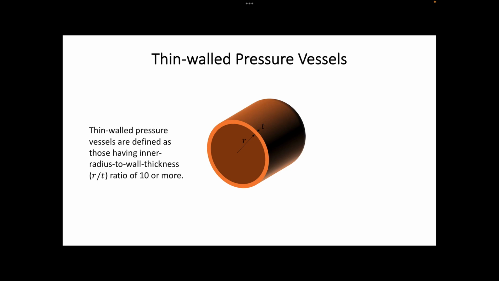Second, gauge pressure is defined to be the value above the atmospheric pressure. In other words, the gauge pressure is calculated by subtracting the atmospheric pressure from the true pressure inside the vessel.